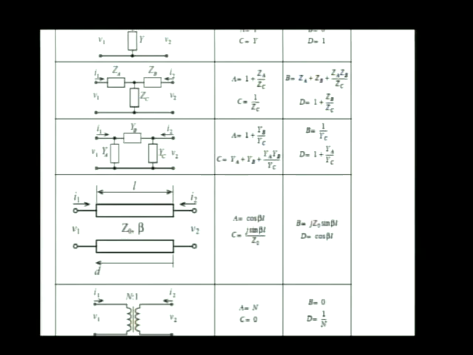The table is in error at this point. Get your pen out right now and make a change for me if you would. They called this element YB and this element YC. They got the two of them mixed up.